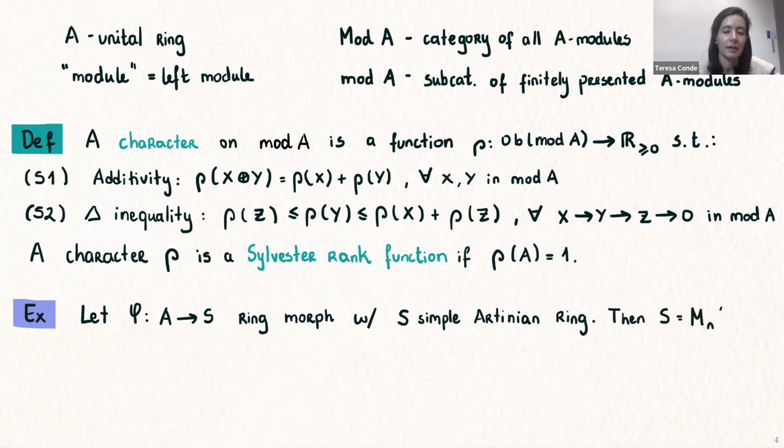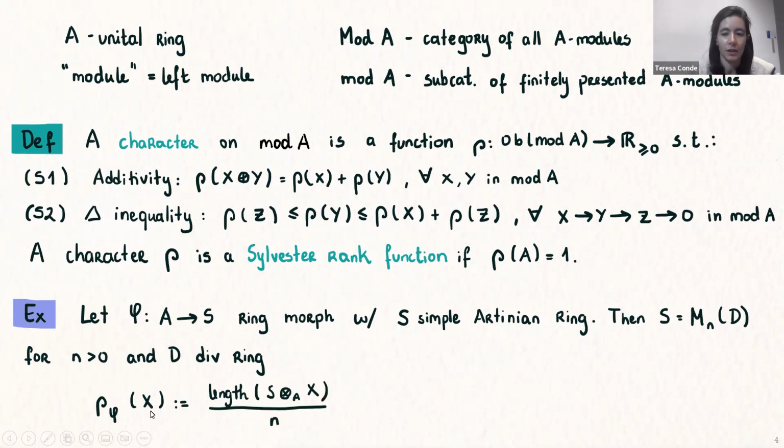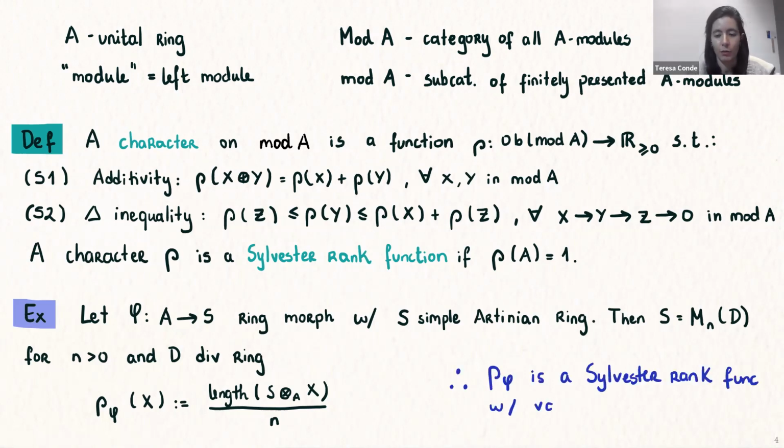So in this case, by Artin-Wedderburn's theorem, we know that this S must be some matrix ring for some natural number n and some division ring D. And we can define a function on the finitely presented A modules through this quotient over here. And it's not very hard to check that this function rho phi is a Sylvester rank function on small mod A, taking values on this abelian group.